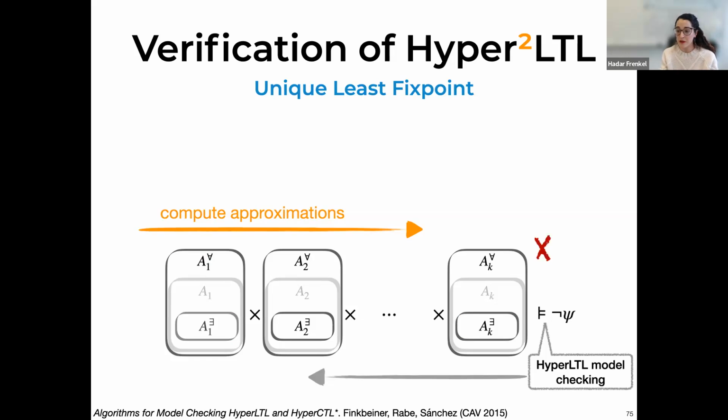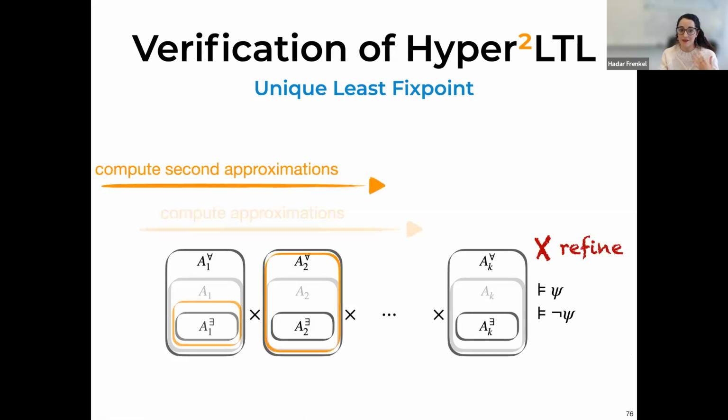So I can either prove or refute my formula. And if I could not prove the formula and could not refute the formula, then I need to compute the second set of approximations and so on. So I need to refine my approximations. That means that I'm both enlarging my under approximations, so I'm getting closer to the real set from below, and I'm making my over approximations smaller and getting closer to the real set from above.